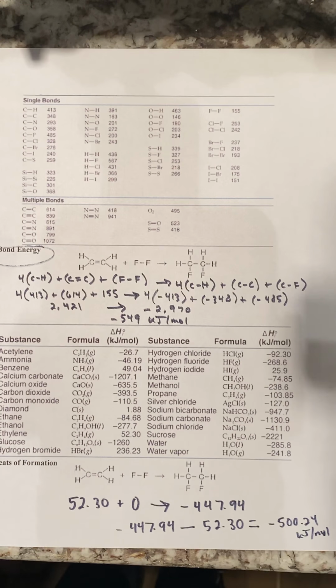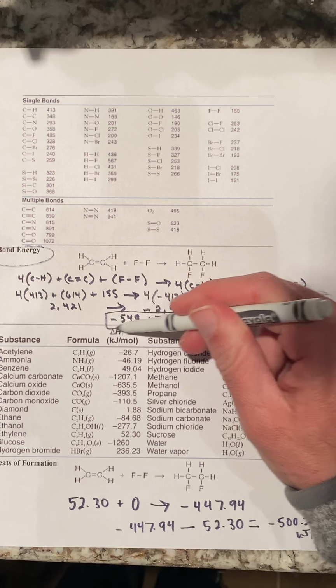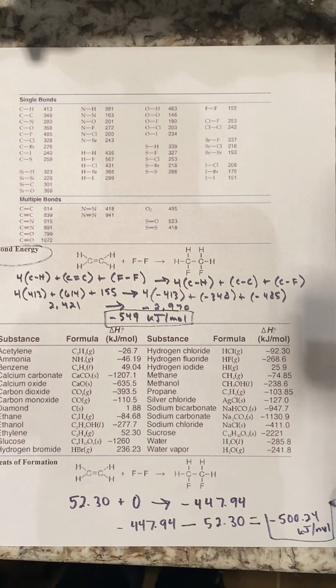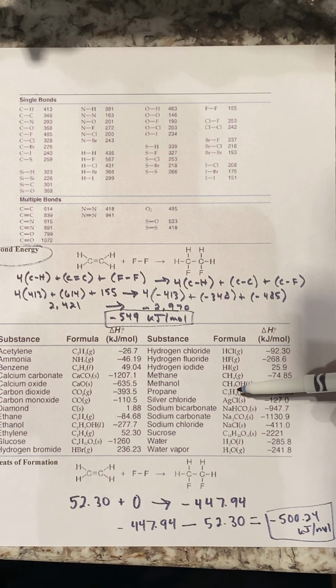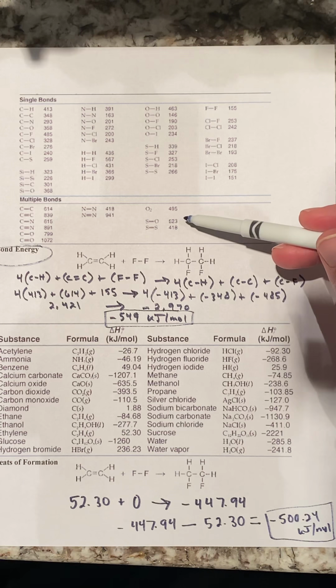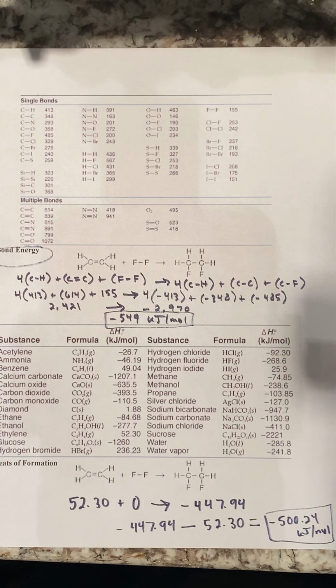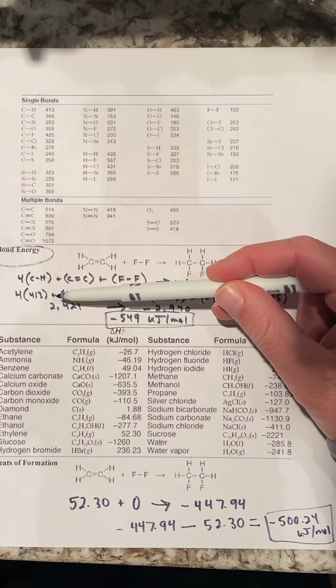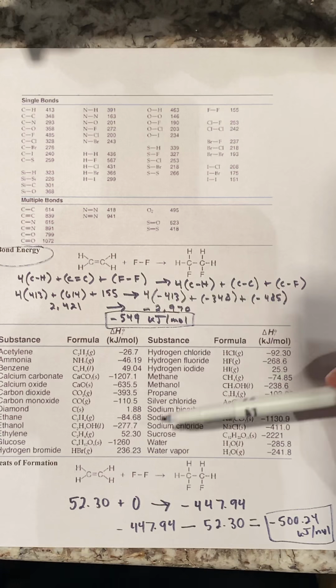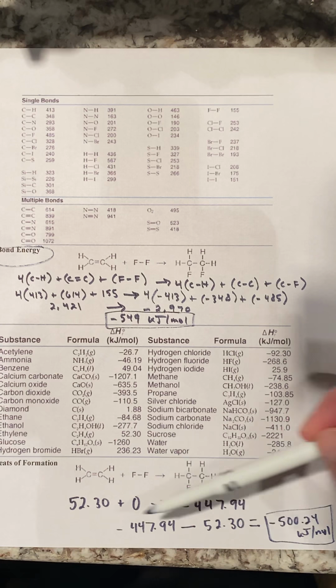So now you can see this value and this value are not the same, even though we calculated the same value for the same reaction. The reason is because this is giving us the delta H for that molecule. This is averages of those bonds. All right, so these values are very, very close. And again, we're calculating the same thing, but two different ways, one slightly different. Positive, negative, add them together; take it right off the chart, products minus reactants.